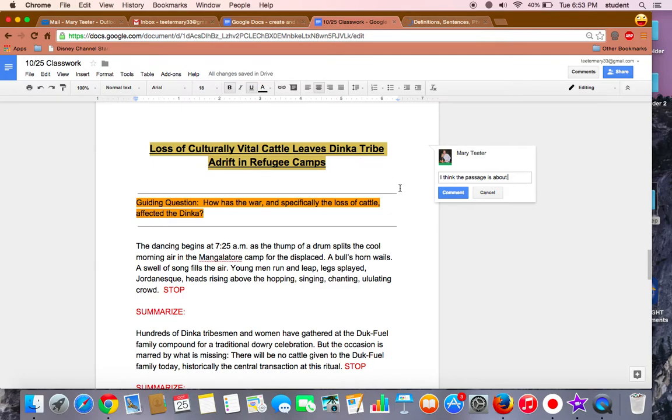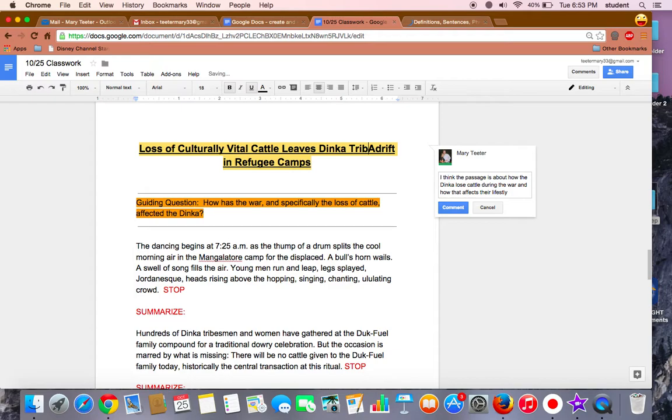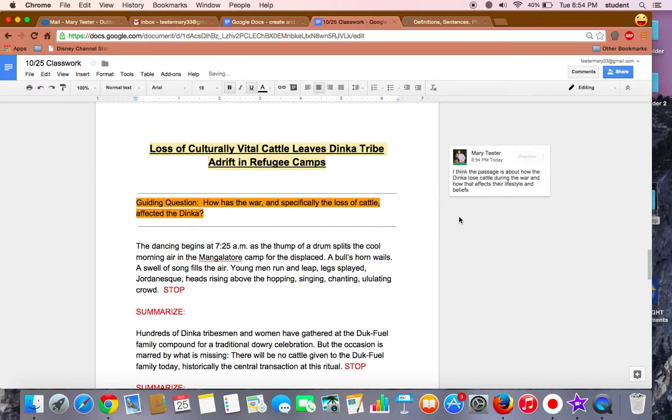So I think the passage is about how the Dinka lose cattle during the war and how that affects their lifestyle, since it does say culturally, and we know we've talked about in class that culture is someone's lifestyle or beliefs. So how maybe it affects their lifestyle and beliefs. And I'll click the comment button.